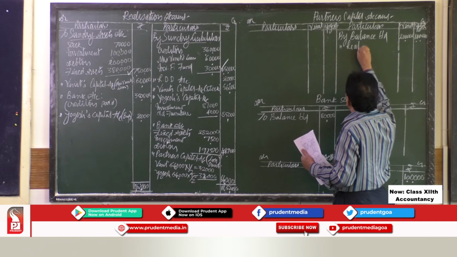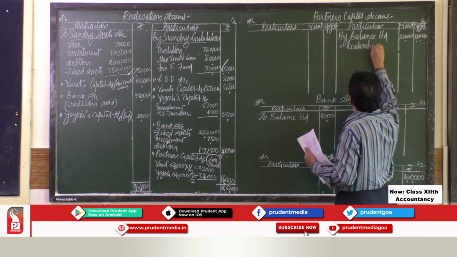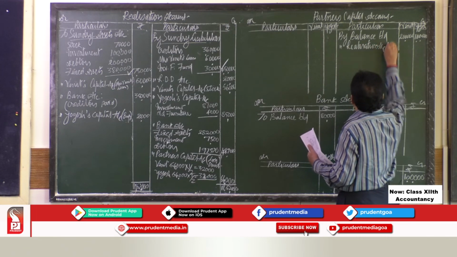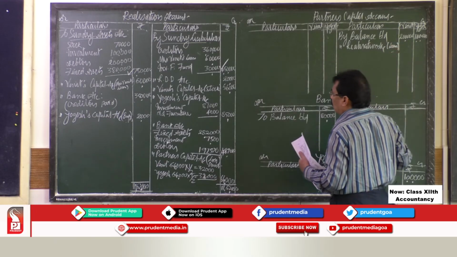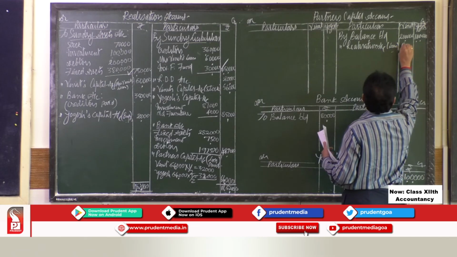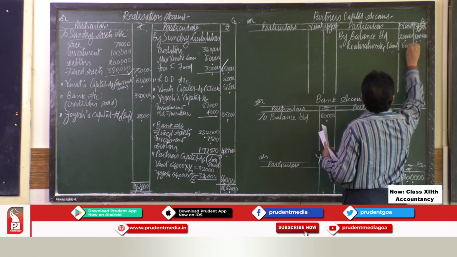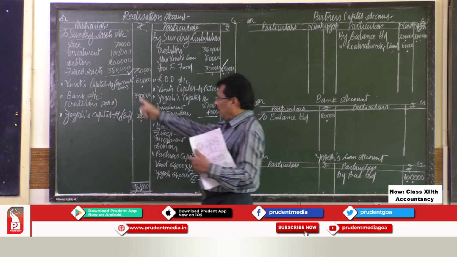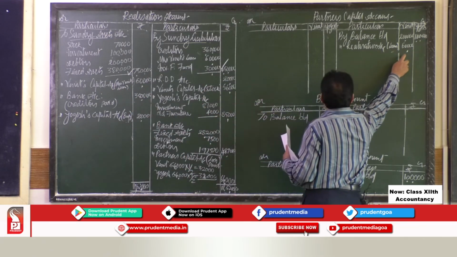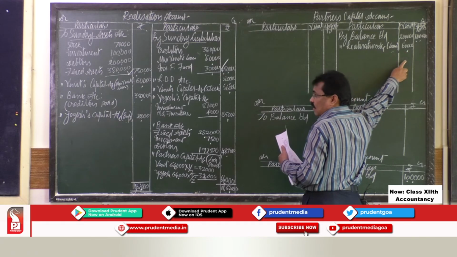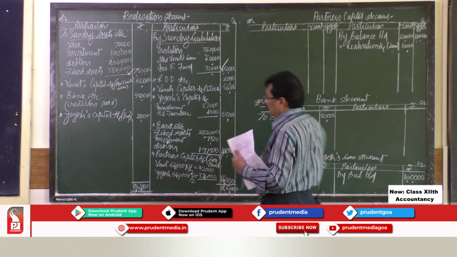So by realization account, this is for loan taken over. He took the loan of rupees 60,000. So the first effect is on the realization account debit side, second effect is on the partner's capital account credit side.